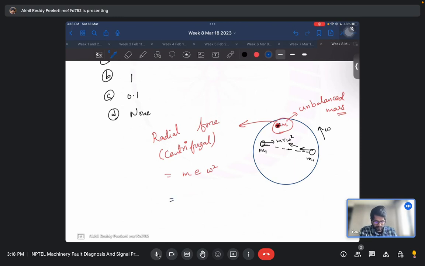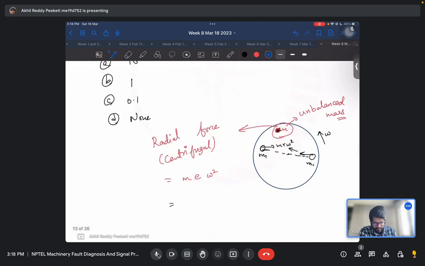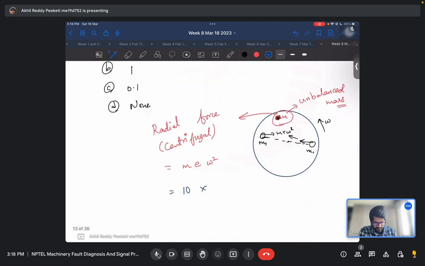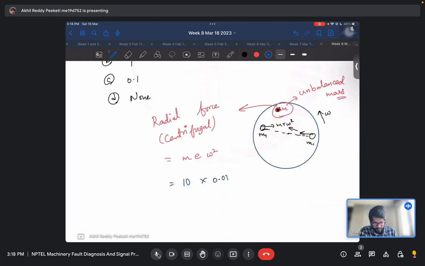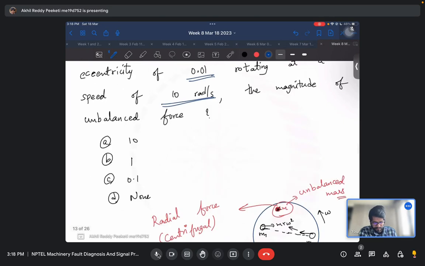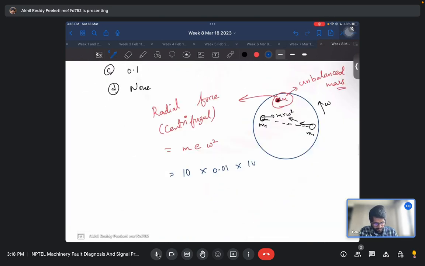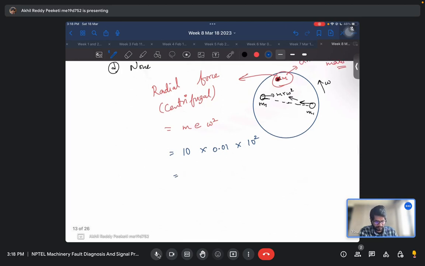Okay, so what is mass here? 10, eccentricity 0.01, and omega 10 radians per second, so 10 square. So then 10 into 0.01 into 100.